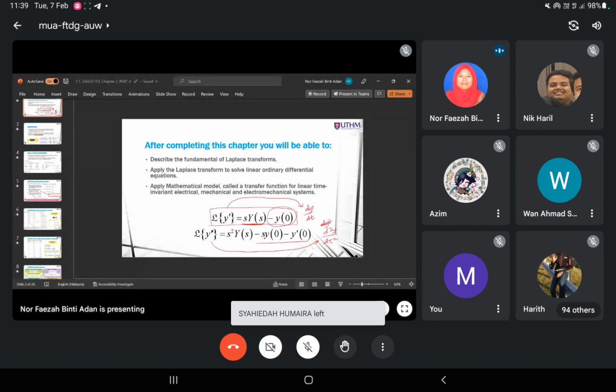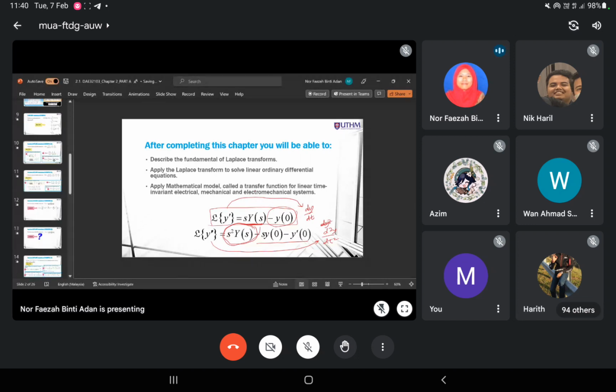Kalau dia bagi value initial condition, baru you masukkan dalam your solution. Kalau dia tak ada mention, assume it to be 0 and your terms yang akan tinggal cumalah S squared Y(S).